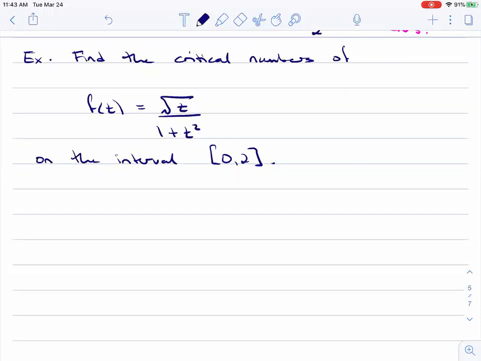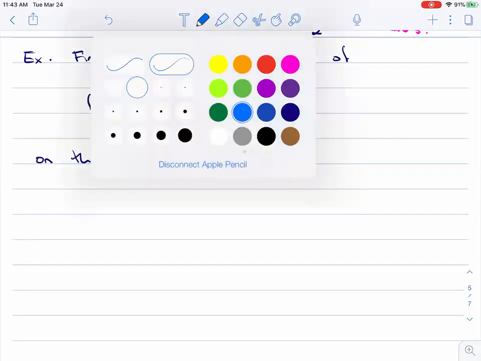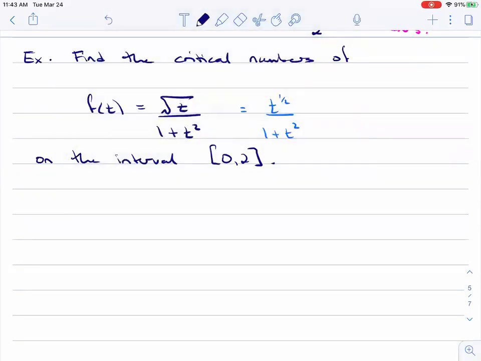First thing I'm going to do is rewrite this root t as t to the 1/2, because I know I'm going to have to take the derivative here, and so it's going to be a lot easier if it's written as t to the 1/2. You don't have to, but I find that it's easier.